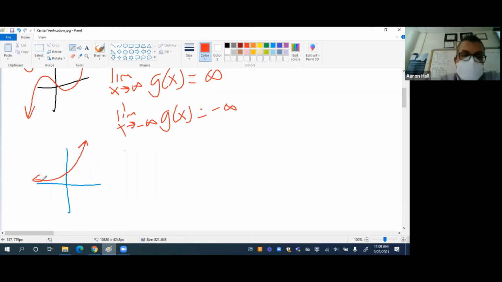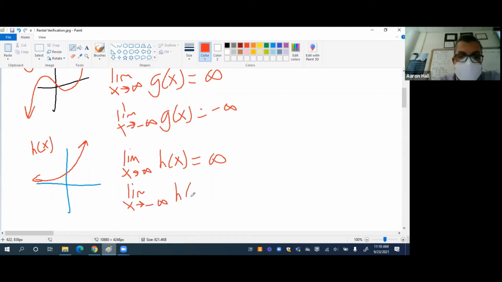And so if I look at the end behaviors again, the limit as x approaches infinity of, we'll call this h of x, equals what? Infinity. What about the limit as x approaches negative infinity of our function? Zero. It approaches zero. Yep. We're looking at those end behaviors the same way we did in secondary math 3. We're just writing it differently.